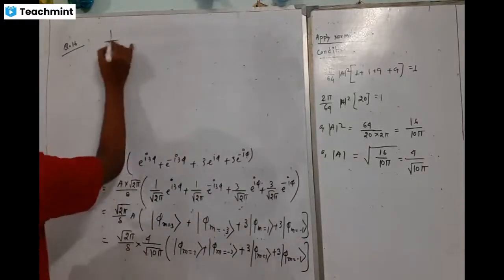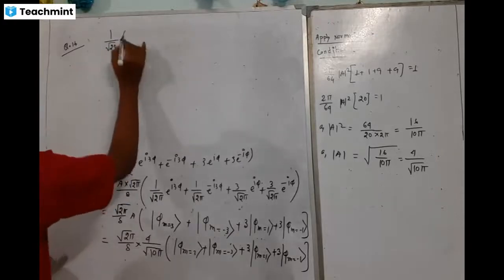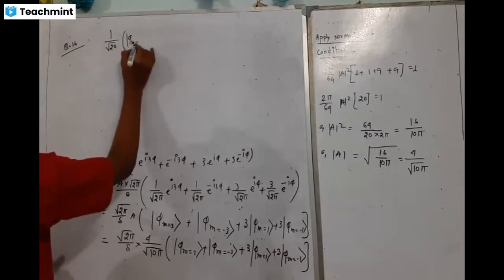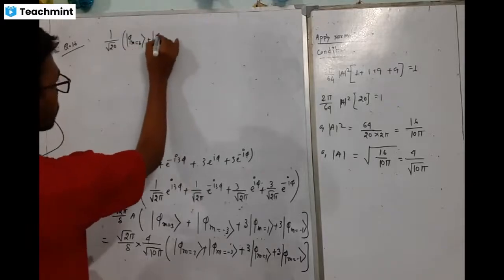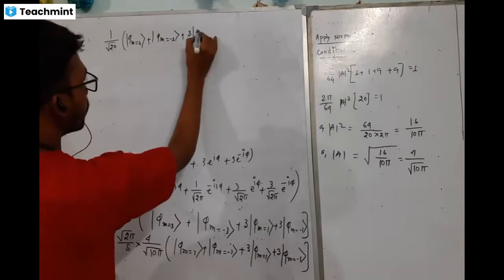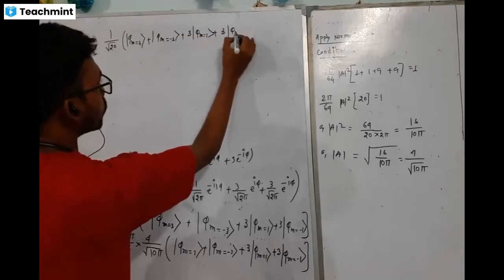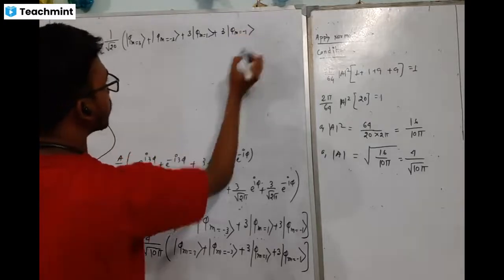So now π cancels out. So it equals 1 upon root 20 ket, ψ m = 3 plus φ m = -3 plus 3φ m = 1 ket plus 3φ m = -1 ket.